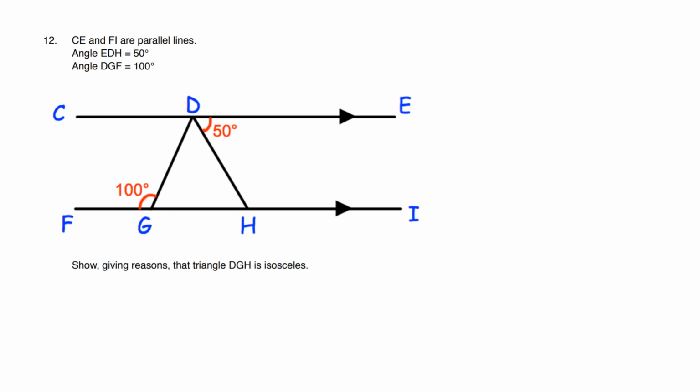So now we've got some angles in parallel lines, and we've got to show that triangle DGH is isosceles, and we've got to do that giving reasons.